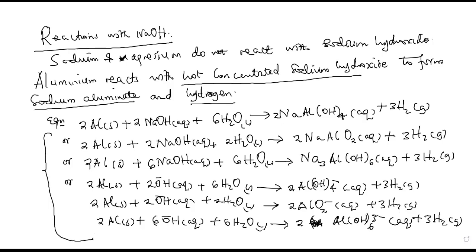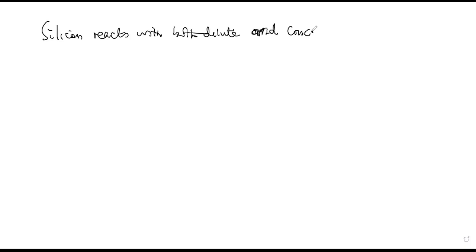Then after aluminum, we shall go to silicon. Silicon reacts with both dilute and concentrated sodium hydroxide, because they are not specified whether dilute or concentrated.